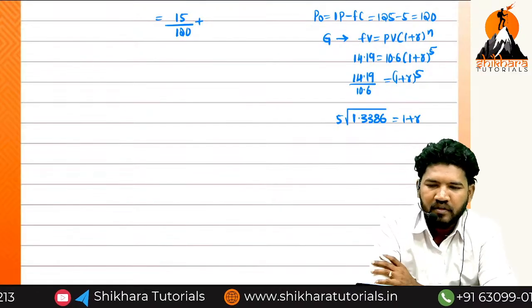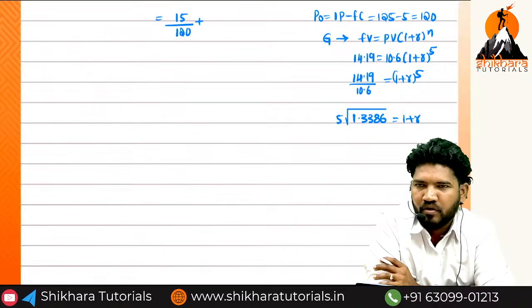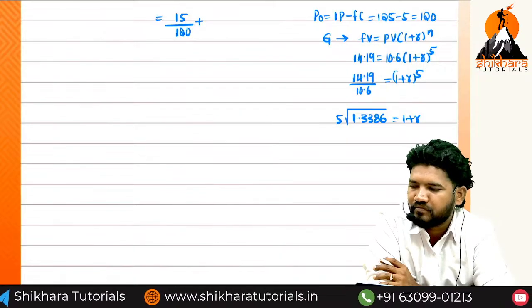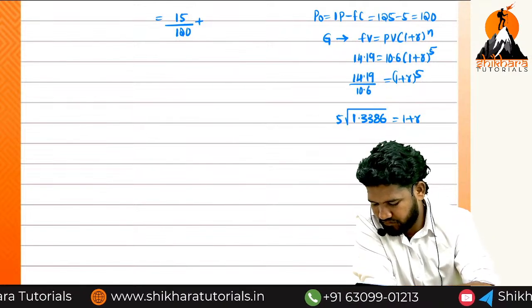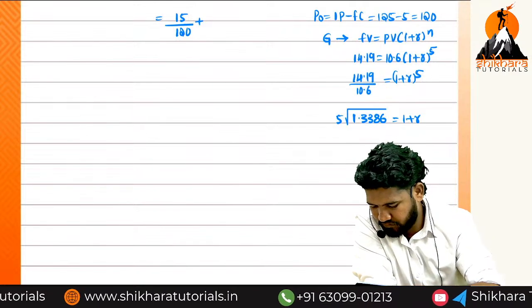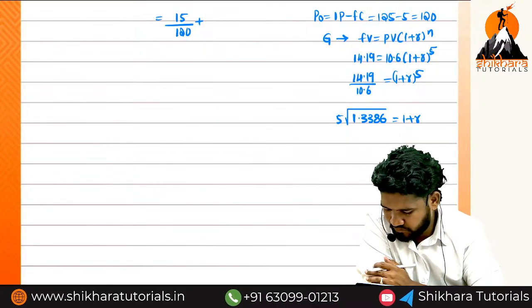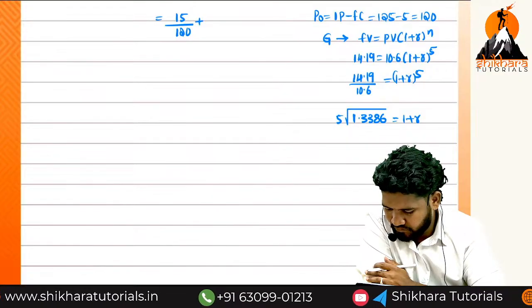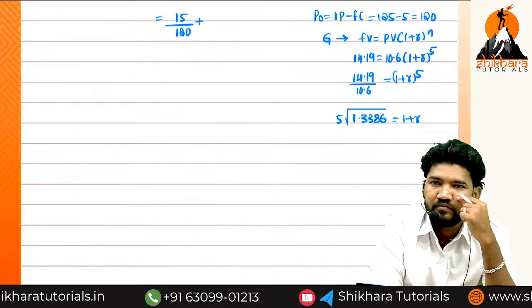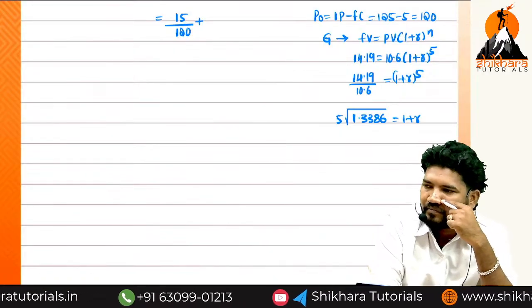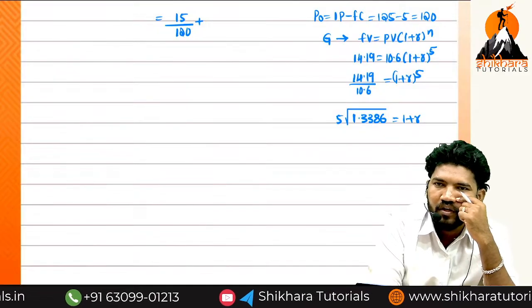Take the value 1.3386, press square root 12 times. Then minus 1, divided by 5, plus 1, into equals 12 times.